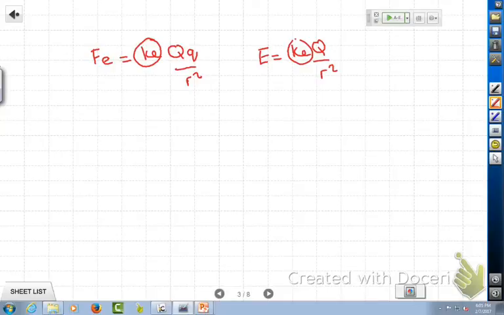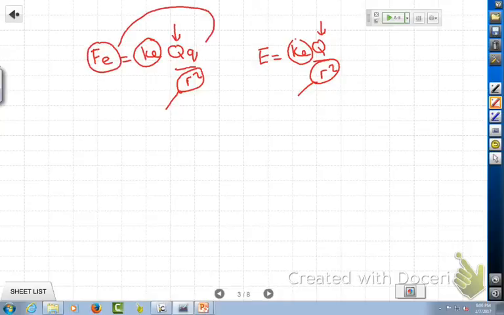That's the similarity. What's another similarity? They both contain the mother charge. And then what else is similar? They've both got the inverse square law. Now, what's different? The force needs the charge to be pushed.